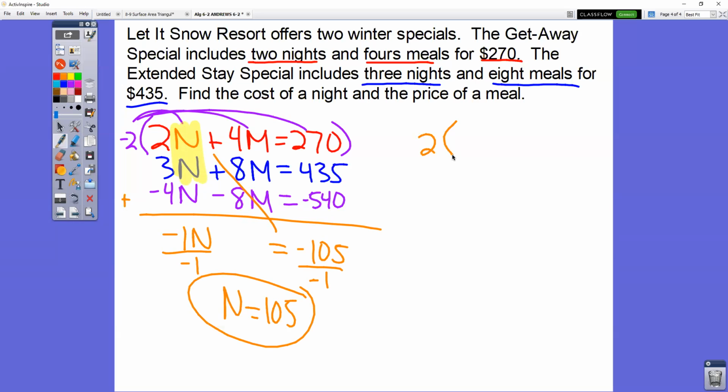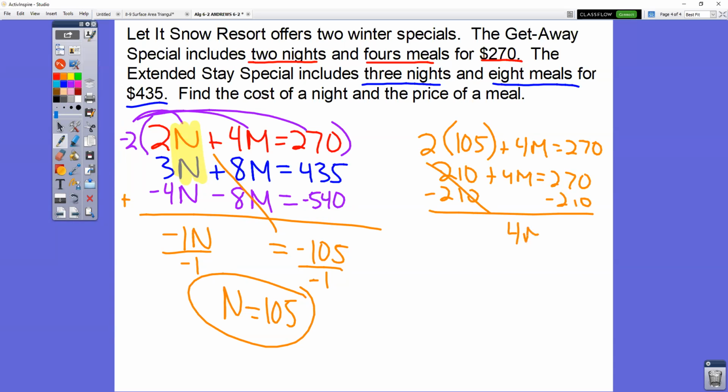So I'm going to have 2 times, instead of n, I have 105, plus 4m equals 270. 2 times 105 is 210. So 210 plus 4m equals 270. Minus 210, minus 210.